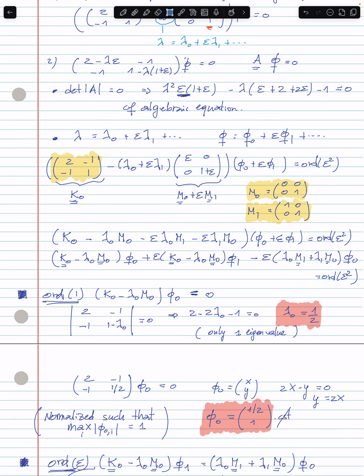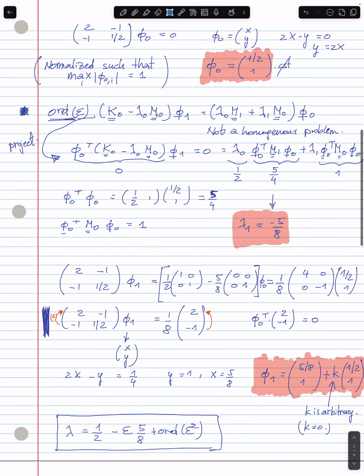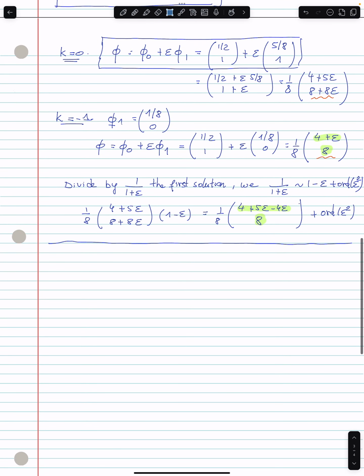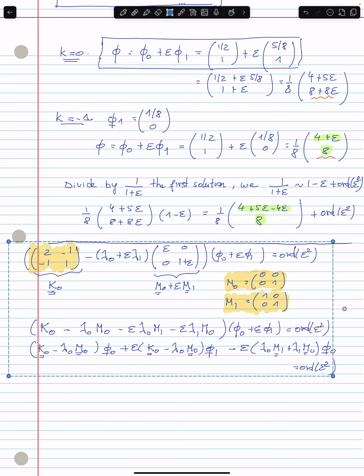Let's copy all of this and restart from there. Okay, the large eigenvalue.